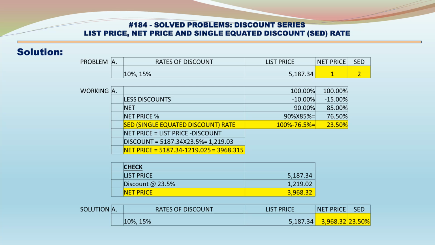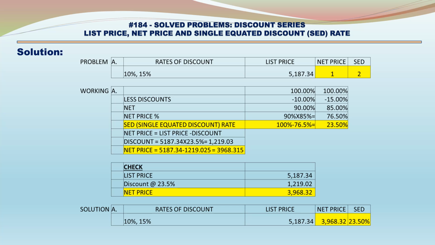Net price is equal to list price minus discount. Discount is equal to 5187.34 into 23.5%, which is equal to 1219.03. Net price is equal to 5187.34 minus 1219.025, that is equal to 3968.315.